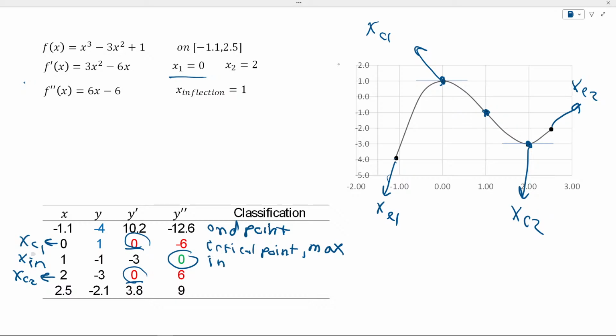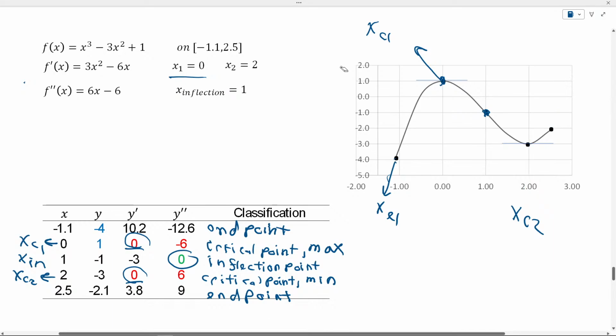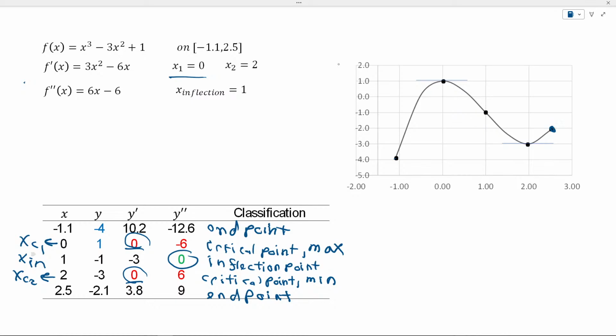This other guy is a critical point, and that's a min. This guy here is an endpoint. Let me delete this. X is here, at 2.5, and that's an endpoint.